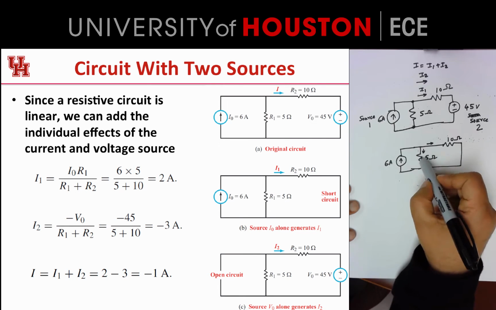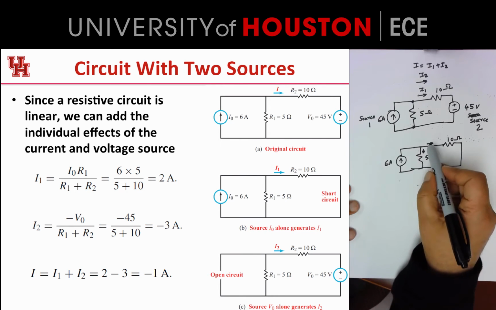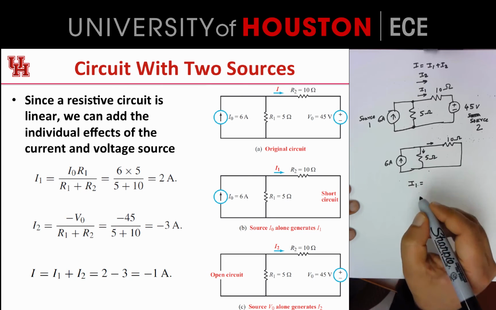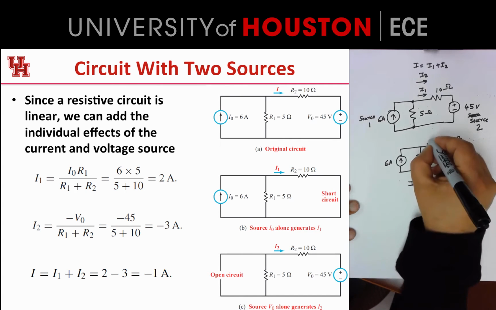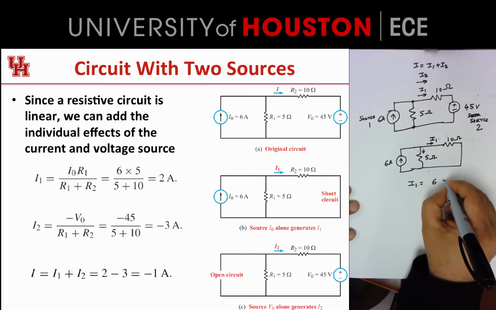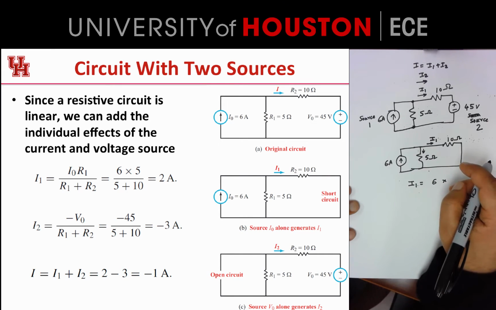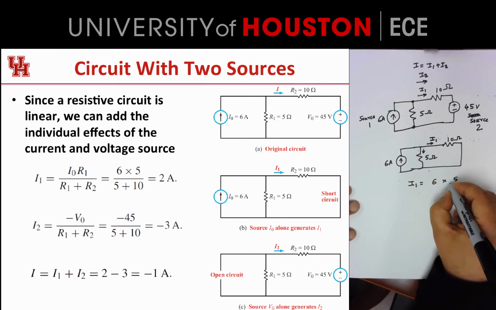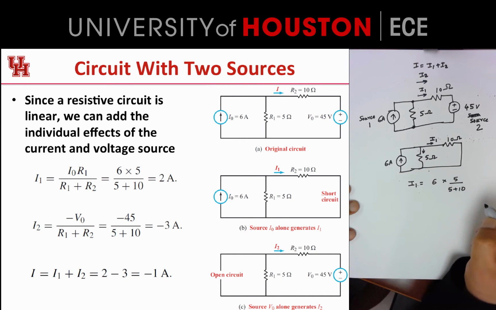In other words, a lot more current is going to flow through the smaller resistance than through the bigger resistance. So I1 is going to be given by 6 amps, split in the following proportion: 5 divided by 5 ohms plus 10 ohms.